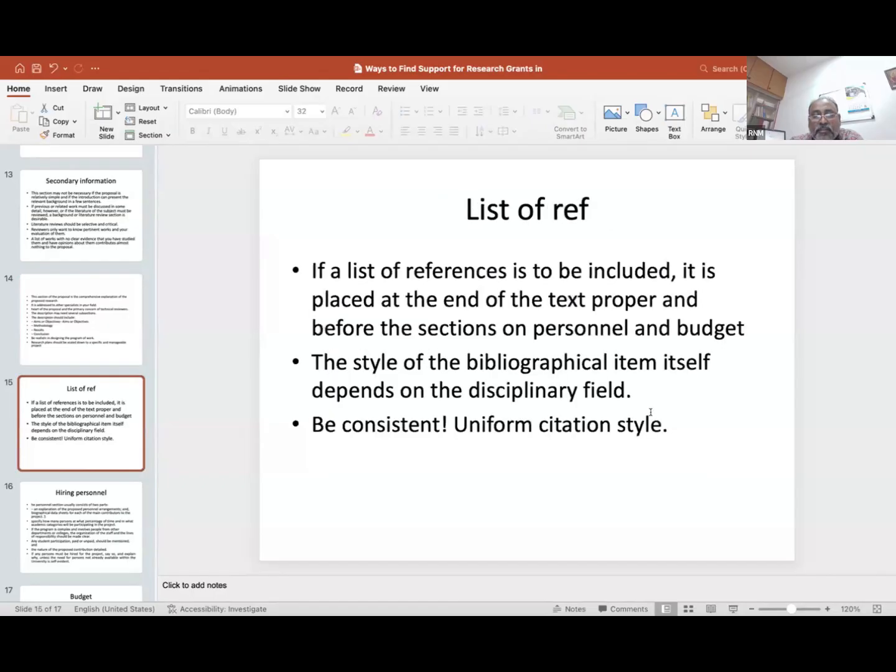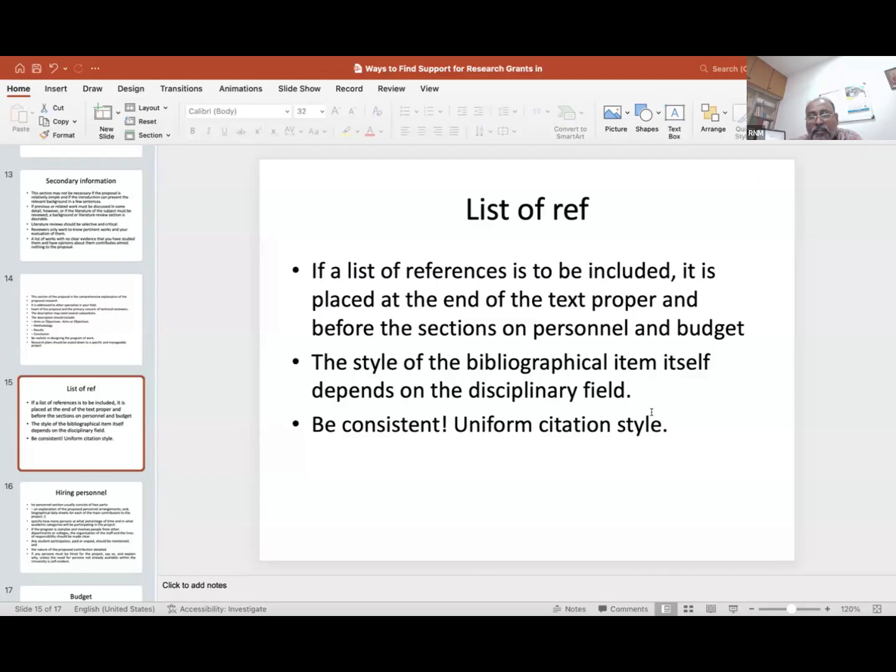Those kinds of proposals have a greater chance to get funding. Next, please. So, list of references. People follow APA reference style, or some other style. If you are writing a proposal, very few specify the reference style. Otherwise, APA is the worldwide standard format.